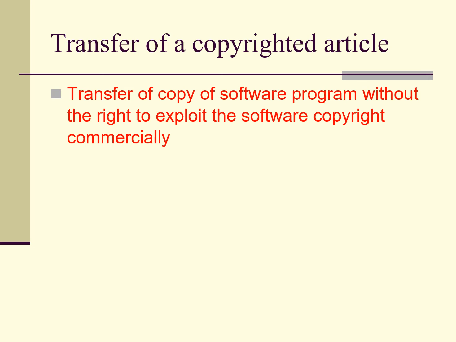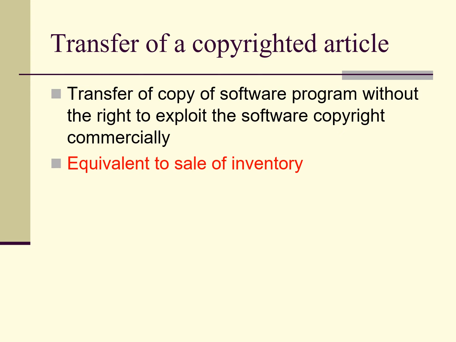Ordinarily, this means transfer of the software to be used only by the transferee. In general, where the transferor is in the business of selling software, such a transfer is the equivalent of a sale of software.